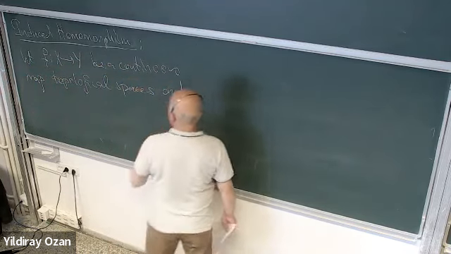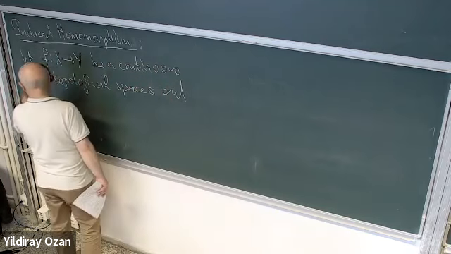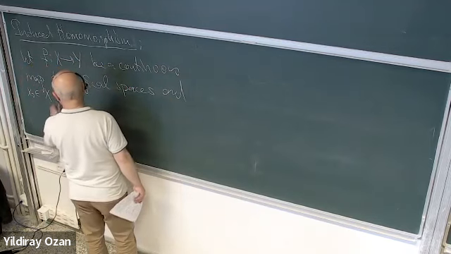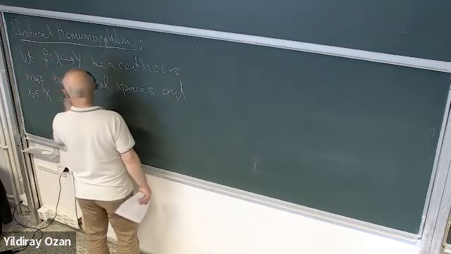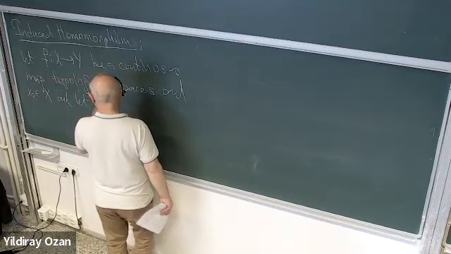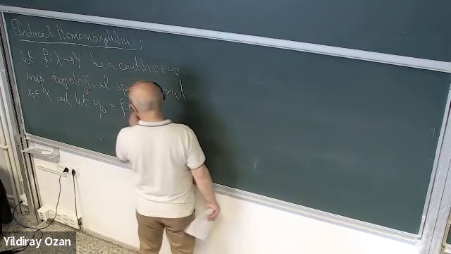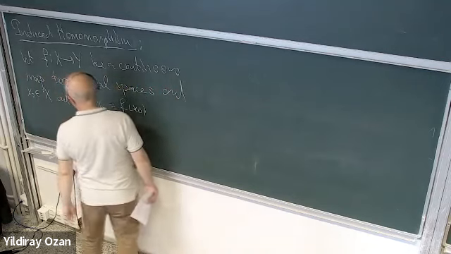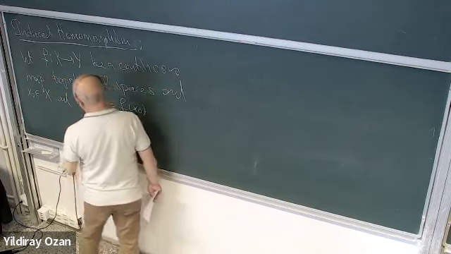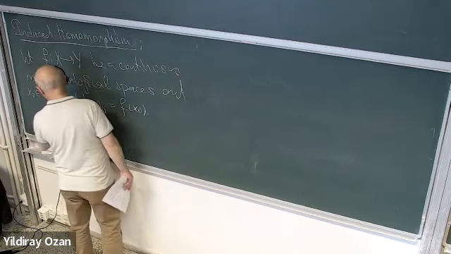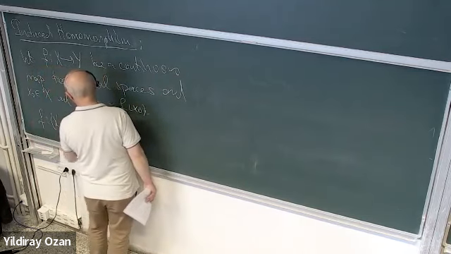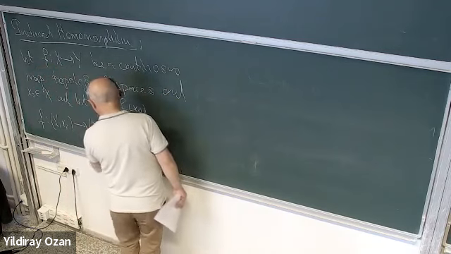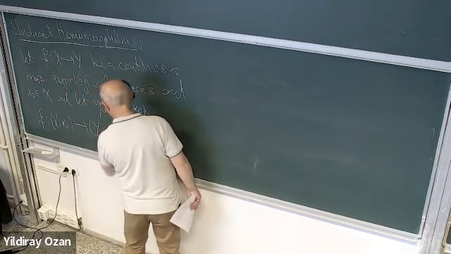And x0 is a point in X, and let y0 to be f of x0. In this case, we will consider f a map of base spaces. So I will write this: x0 is mapped to y0. Okay.